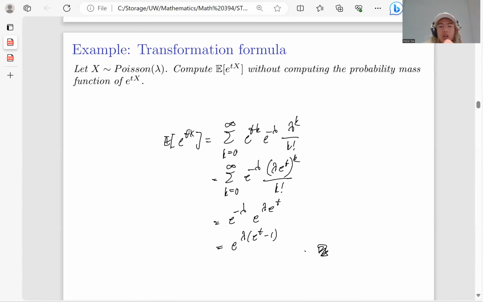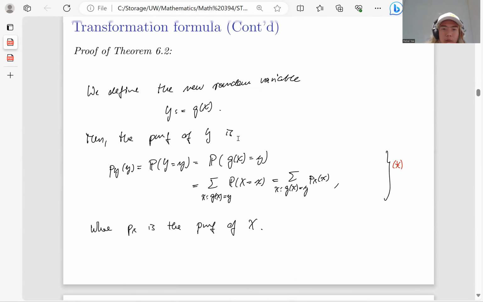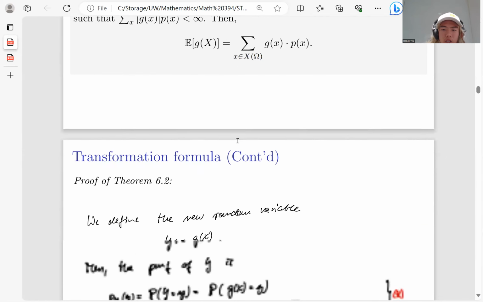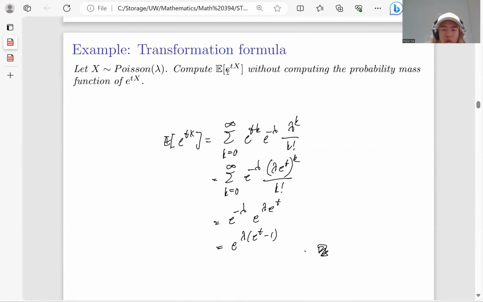I would say one common approach is to just use the transformation formula above. The g(x) here is e to the power of t times x, and the probability function is the Poisson function, the latter half.